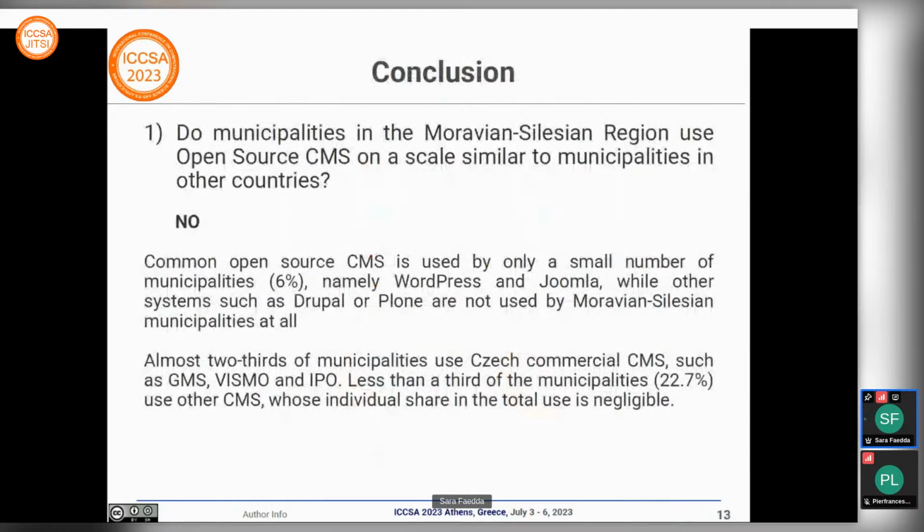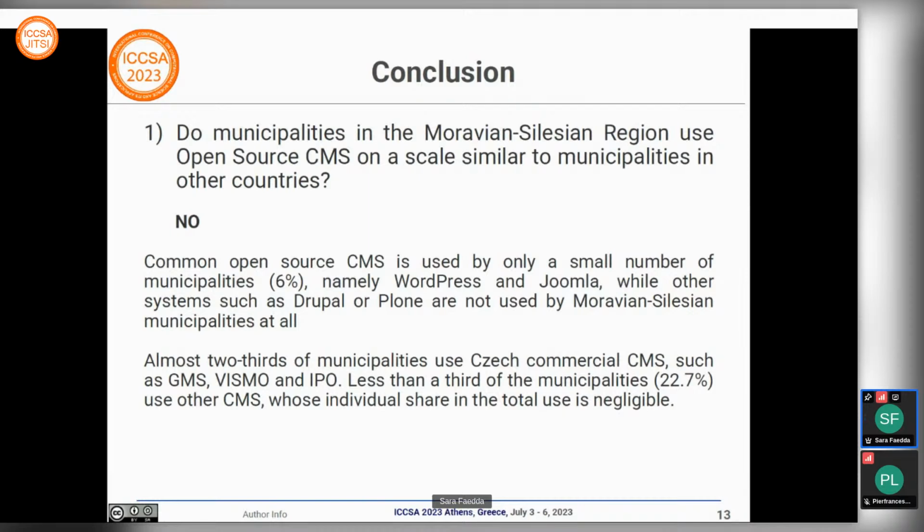Yeah. Okay. So the answer to the first question, whether the municipalities in this region of the Czech Republic, because we investigated it only in the Moravian Silesian region, use these systems as the other municipalities abroad.